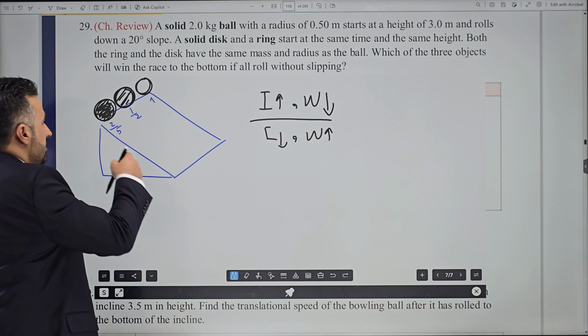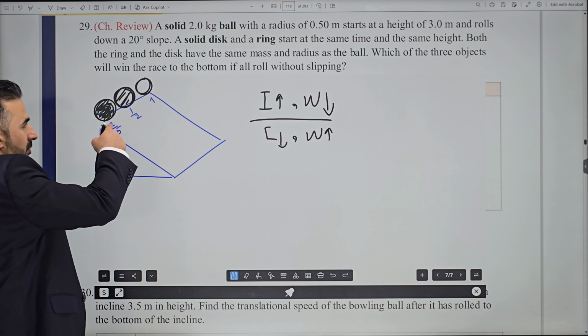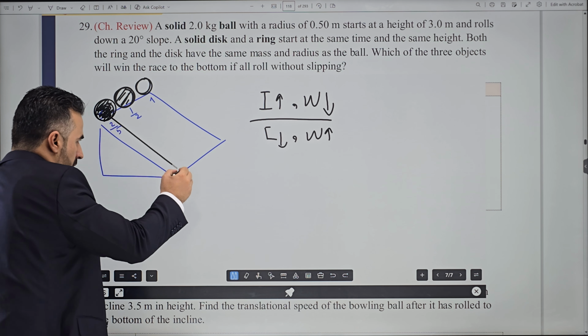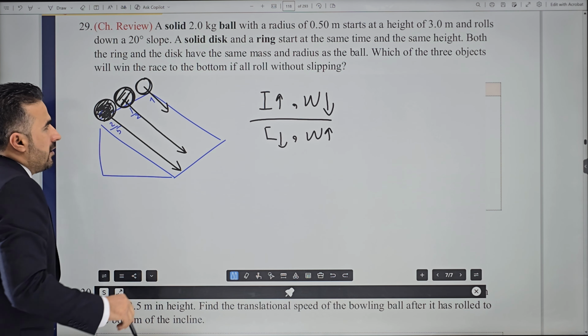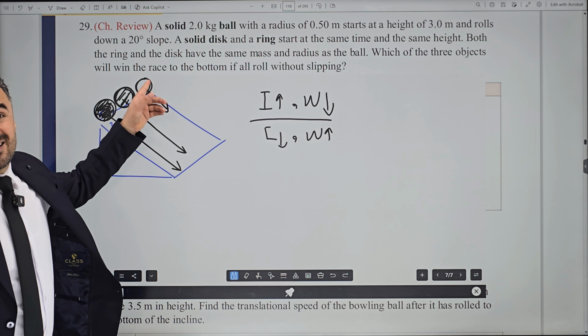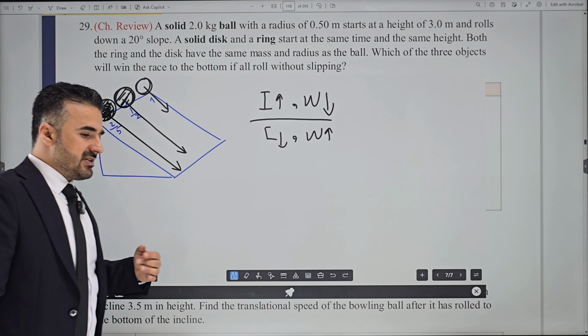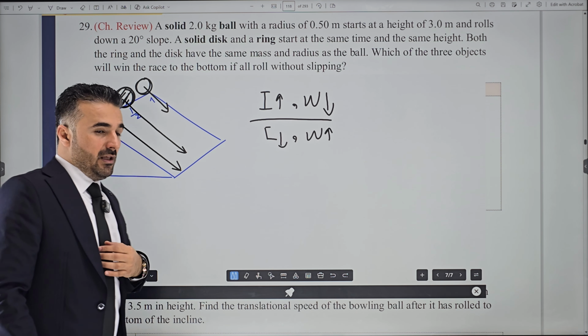So we said the moment of inertia for the solid ball, the bowling ball, is the least. So this one would reach the bottom of the incline first. And then after that, the disk, and then at the end, or third place, would be the hollow cylinder. Previously, we were just saying this, right? But now it is time to prove this using numbers to see if it is right or wrong.